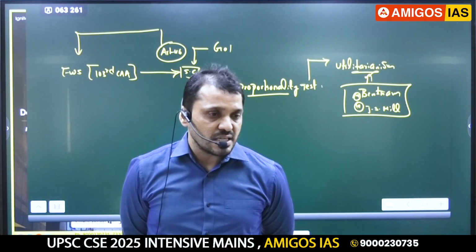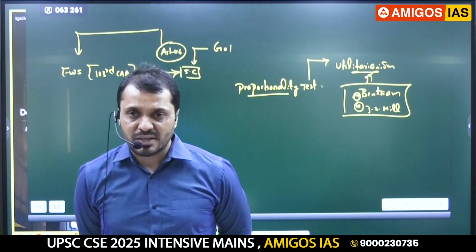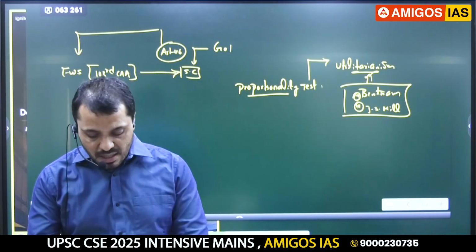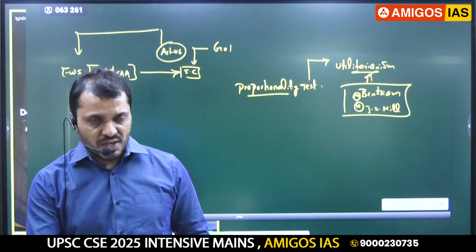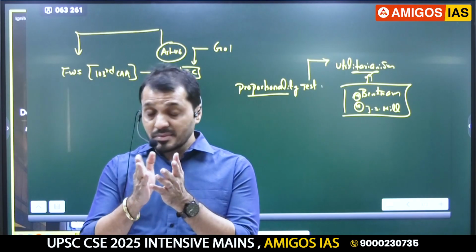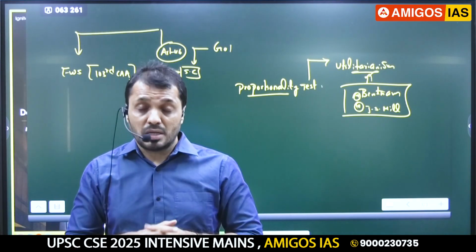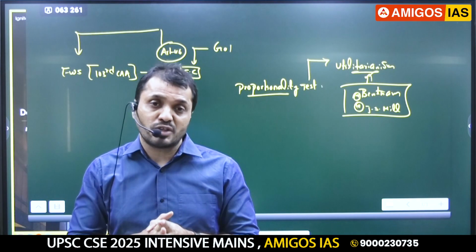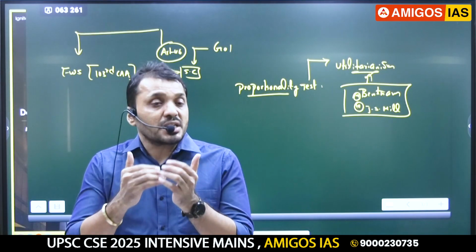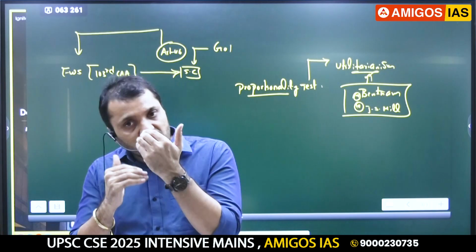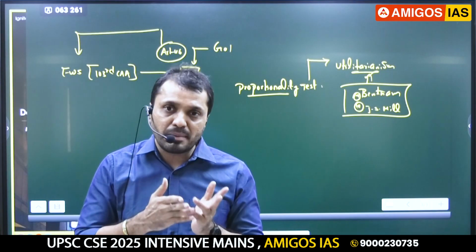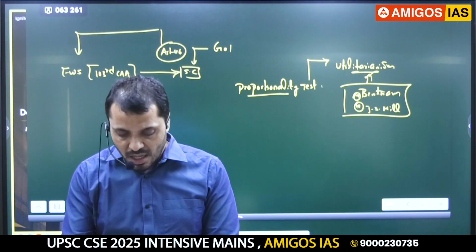Article 368 deals with the formal procedure of amendment, where we can see flexibility as well as rigidity. Flexibility is to reflect the changing needs, and rigidity is to protect the core values of the constitution. So that should be the introduction.